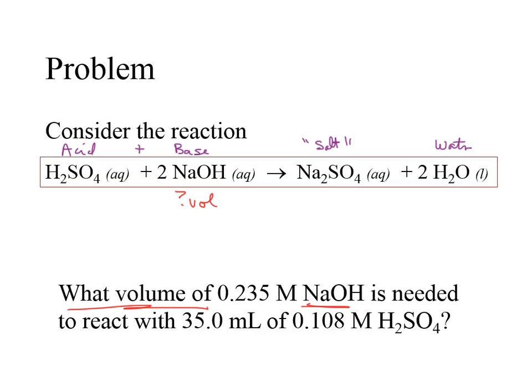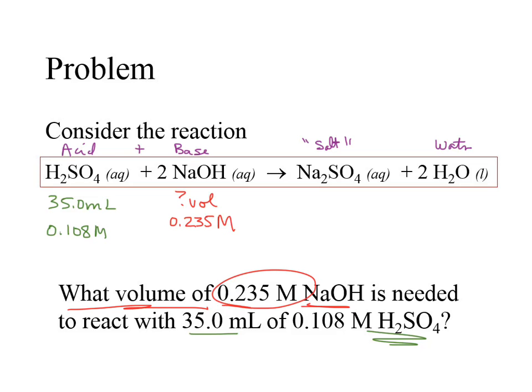What volume of 0.235 molar NaOH is needed to react with, and then they give me some stuff about the H2SO4. They give me 35.0 milliliters of H2SO4, and the other thing they give me is the molarity, which is 0.108 molar.